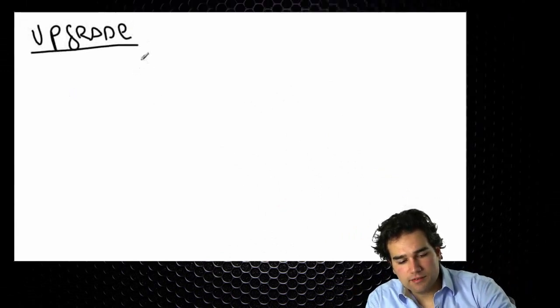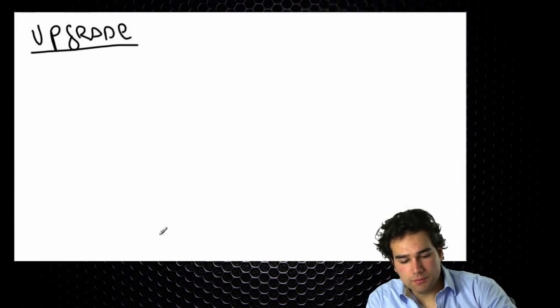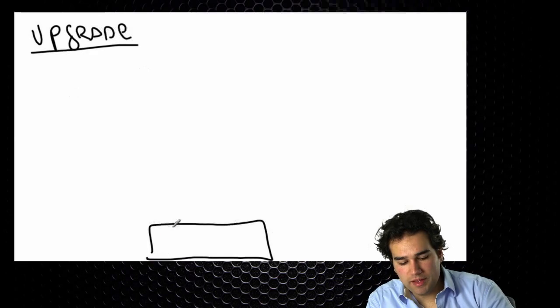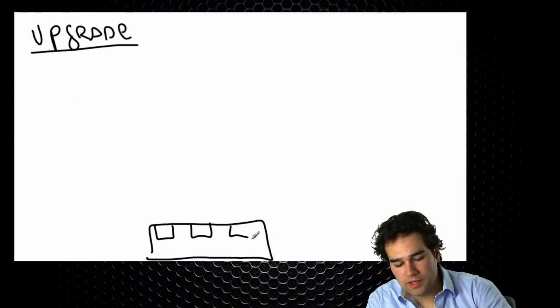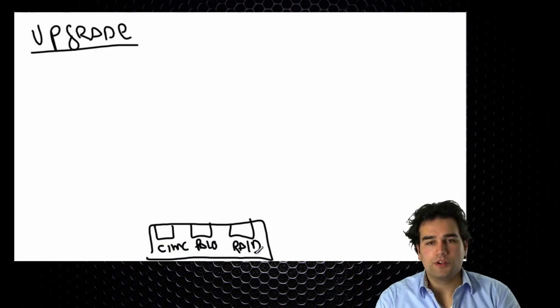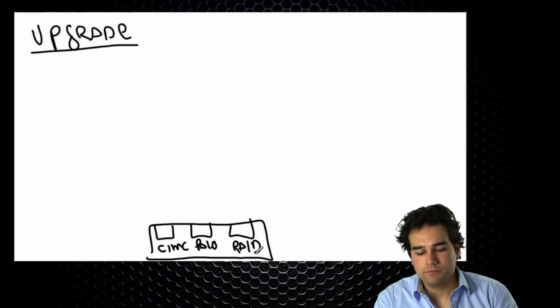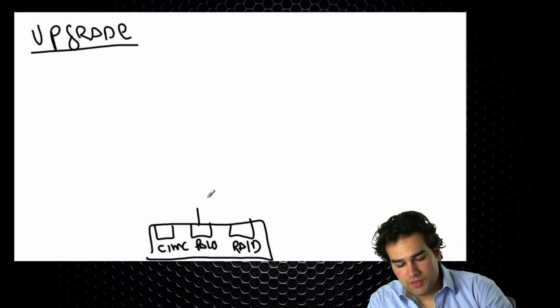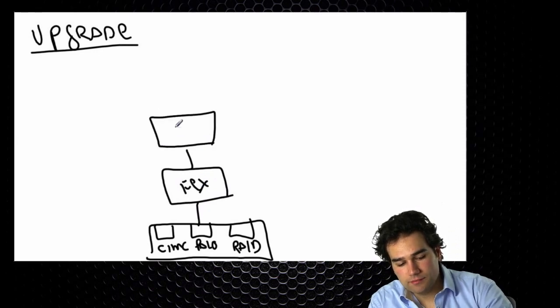What this means is, take a look at our system. So we have a blade. Within the blade, we have the CIMC, we have an adapter, we have a RAID controller. So we have a Palo card, we have a RAID controller. Those components need to be upgraded. This connects to a FEX. This connects to a Fabric Interconnect.